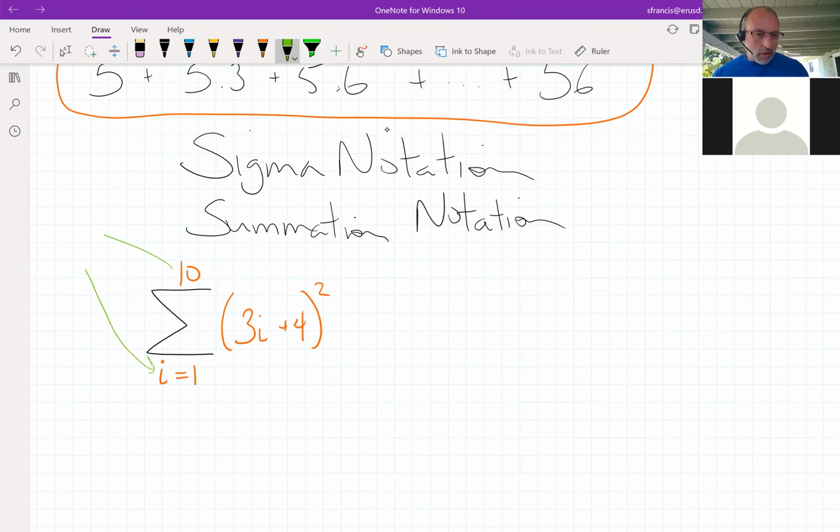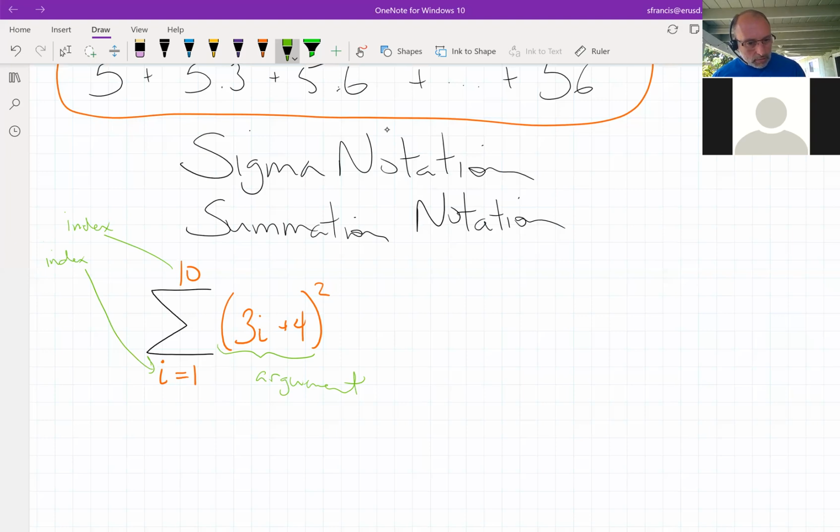These 2 pieces right here are called the indices. That's plural. Each are called an index. Okay, that's an index, and this is an index. The letter down here is the letter that's in the expression over here. This is called the argument. So whatever letter here you see is going to be the letter in here.